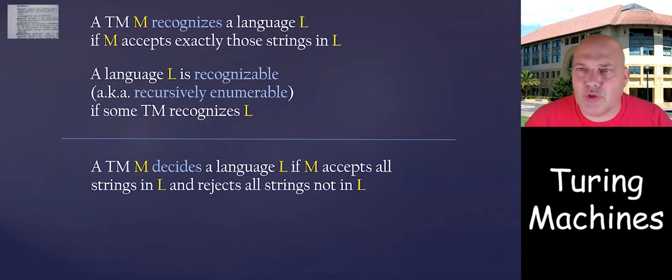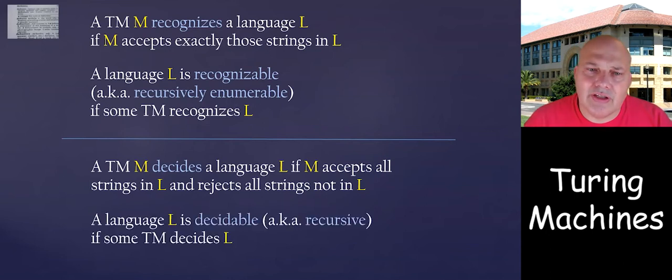This is just something you may encounter in books. And L is decidable if some Turing machine decides it. Instead of decidable, we can also say that it is recursive. It's either recursive or recursively enumerable.